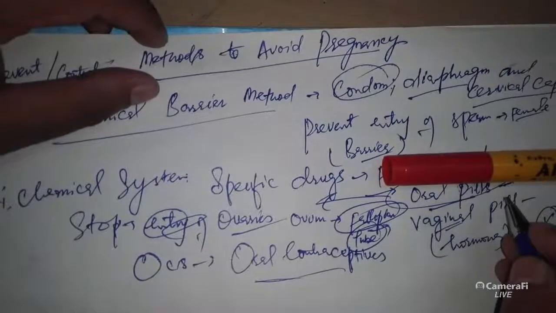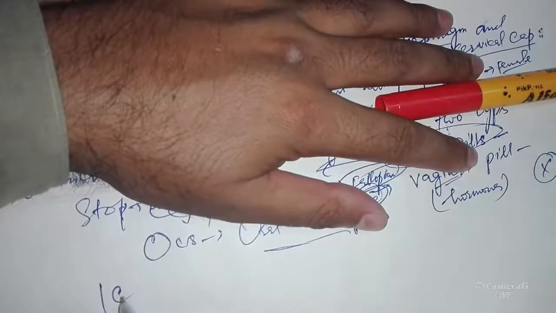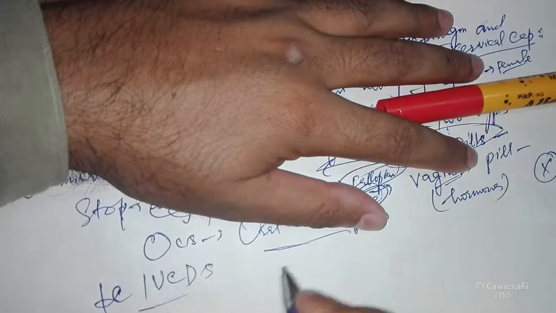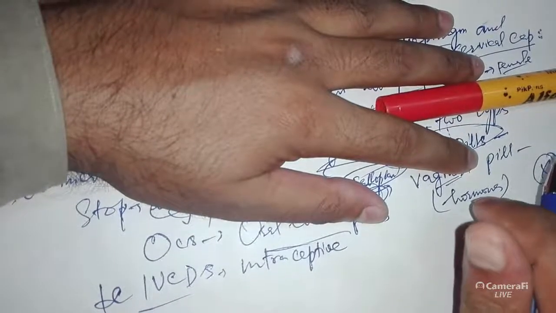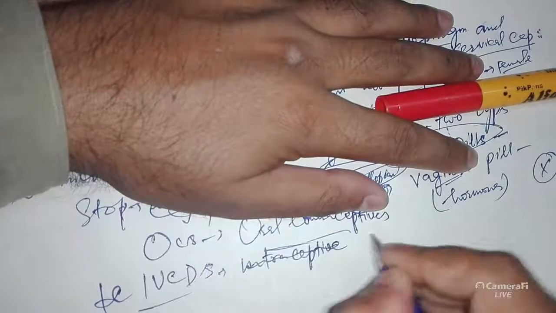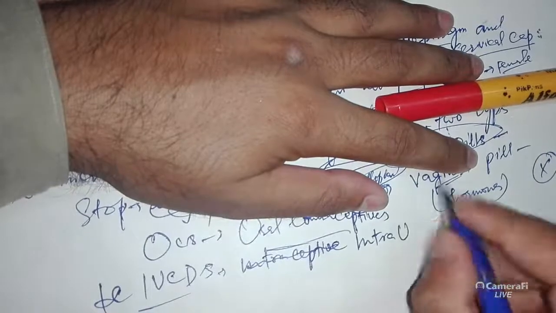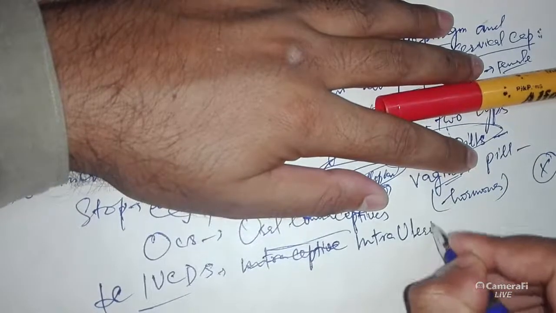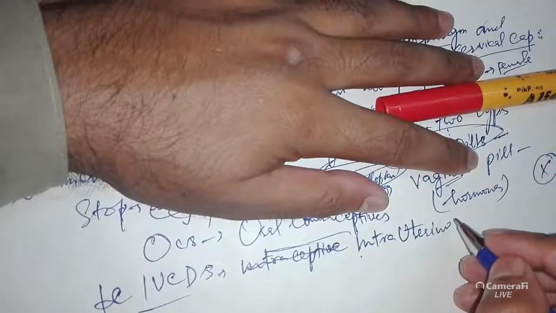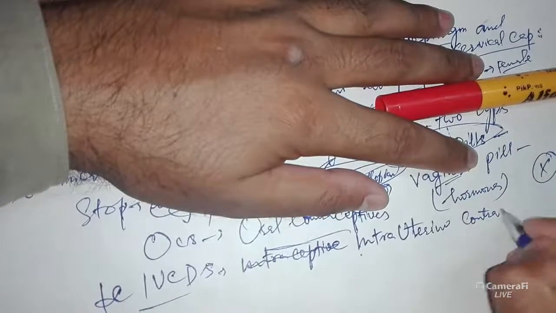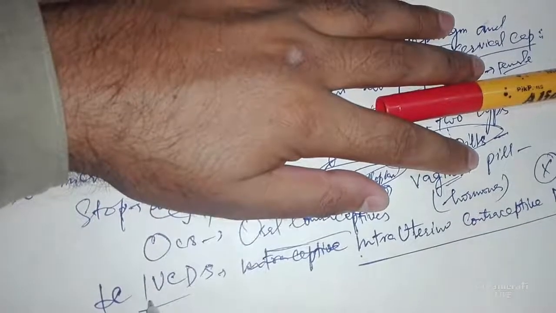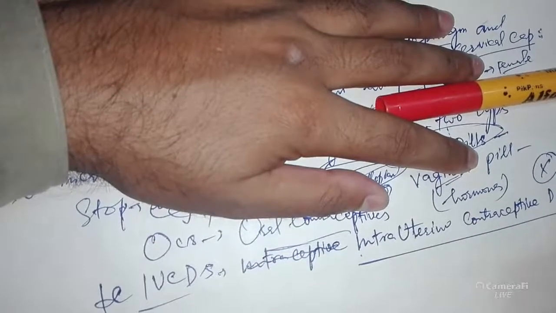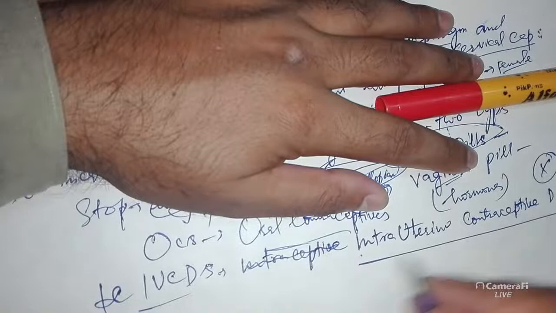For example, intrauterine contraceptive devices, IUCDs, intrauterine contraceptive device. These prevent the implantation.